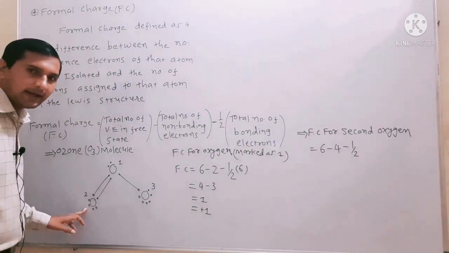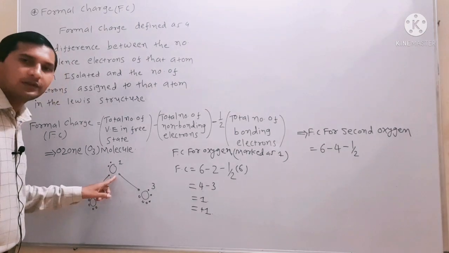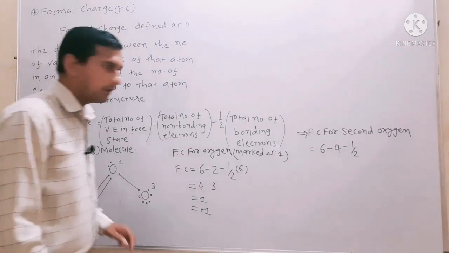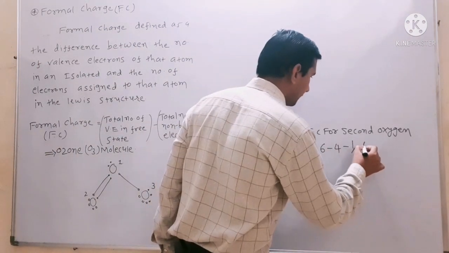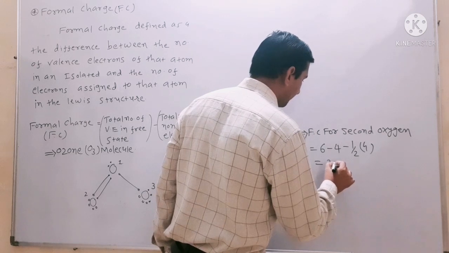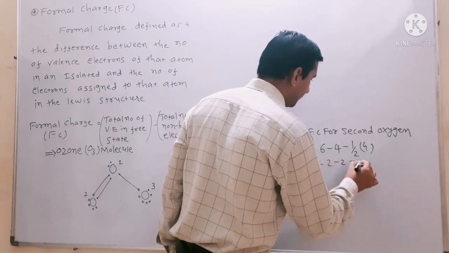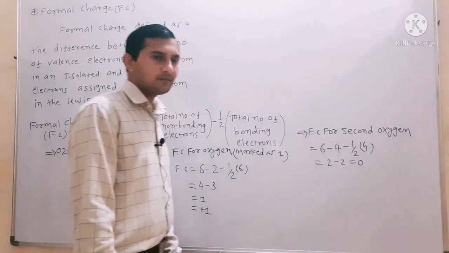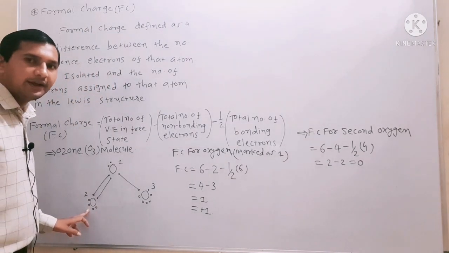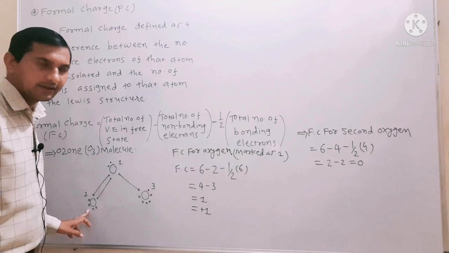This second oxygen has 2 bonds with oxygen 1, so there are 4 bonding electrons. So 6 minus 4 is 2, minus 2 equals 0. So the second oxygen atom acquires 0 charge.